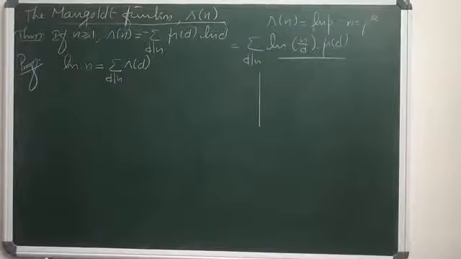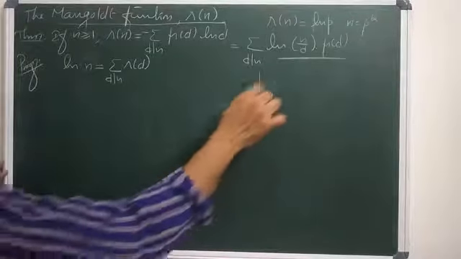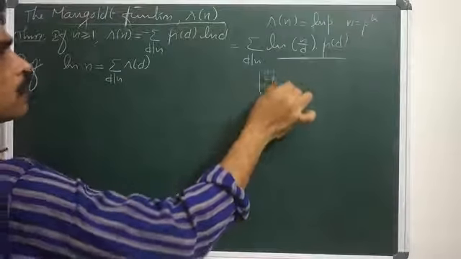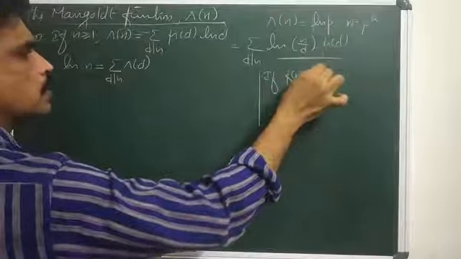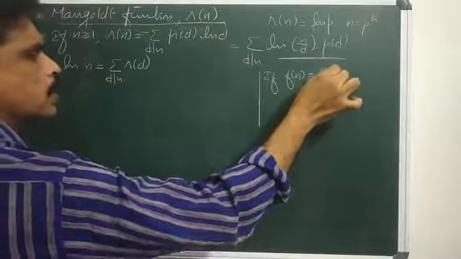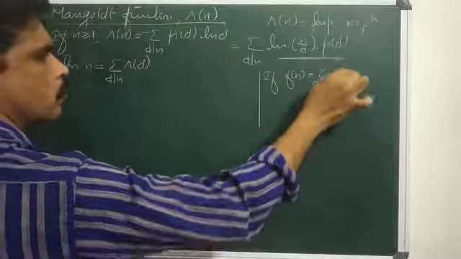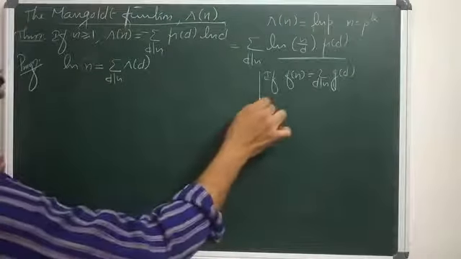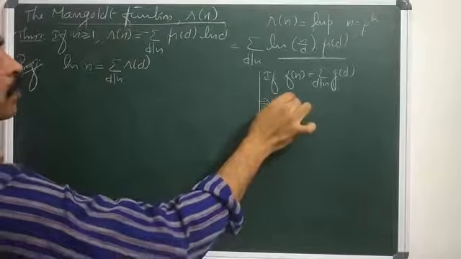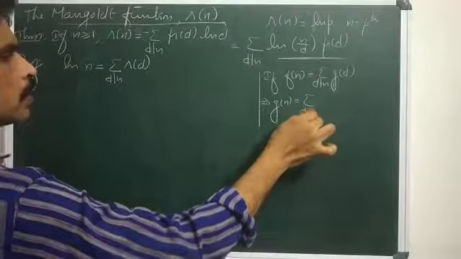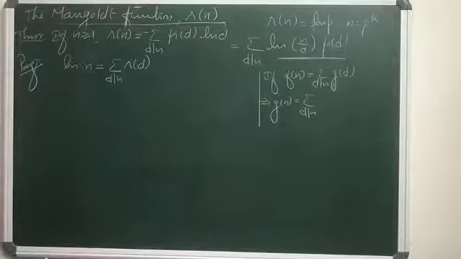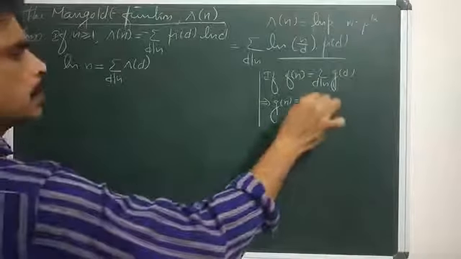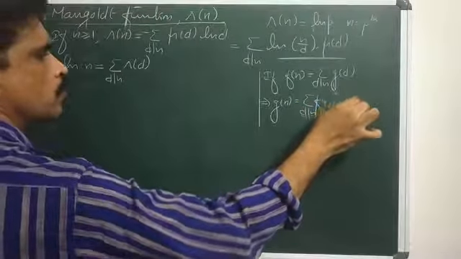It states that if f(n) equals Σ_{d|n} g(d), then g(n) equals Σ_{d|n} f(d) μ(n/d). This is the Mobius inversion formula.